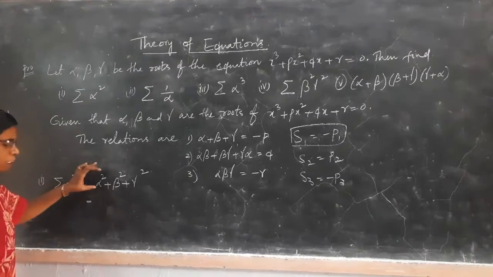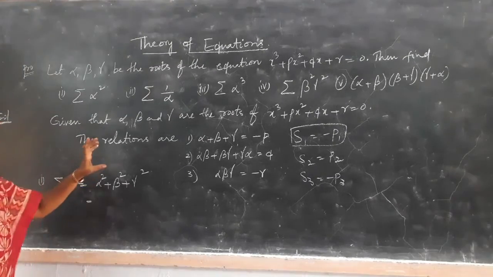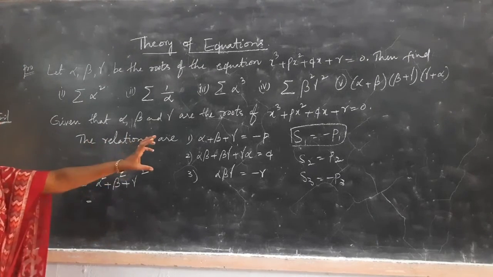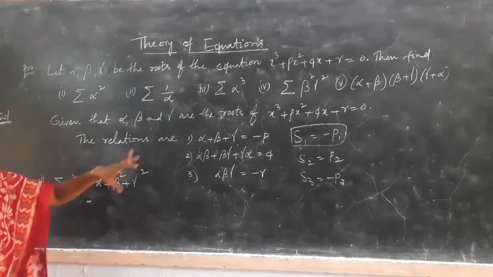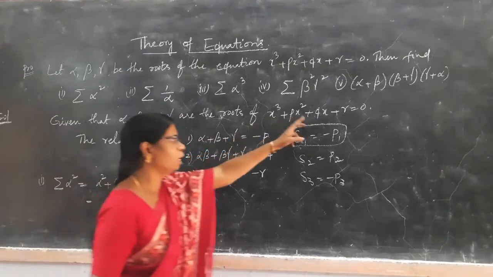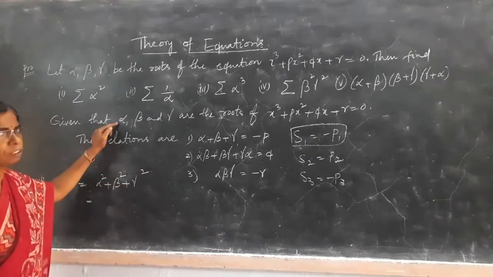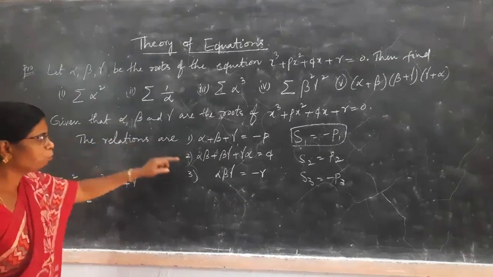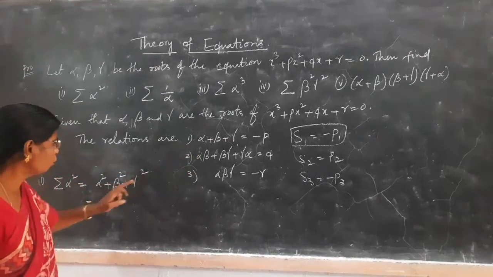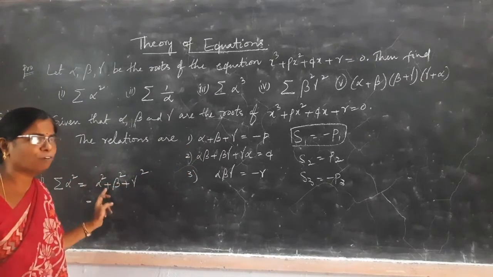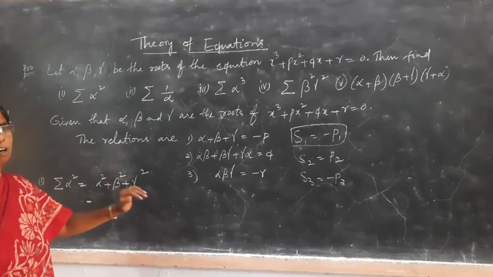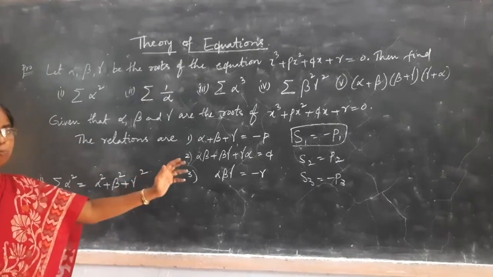This is in terms of p, q, r, which are the coefficients, while alpha, beta, gamma are the roots. So by using these three relations, we have to express alpha square plus beta square plus gamma square in terms of p, q, r.